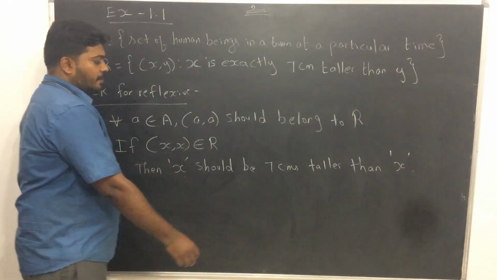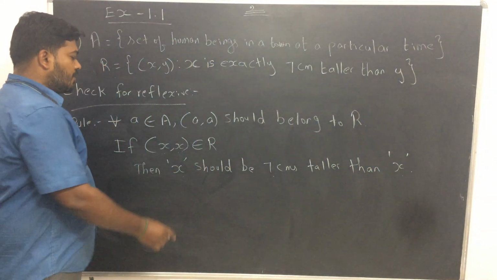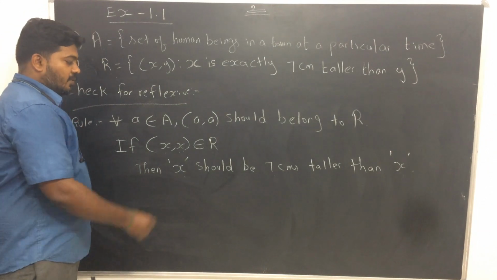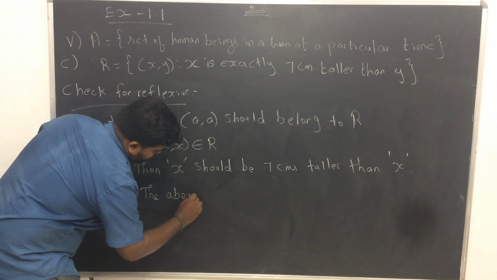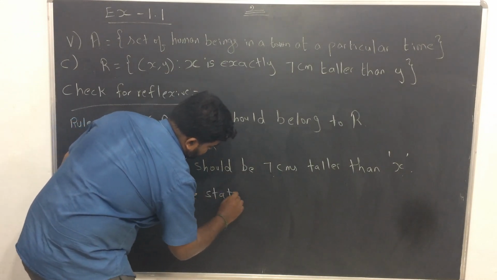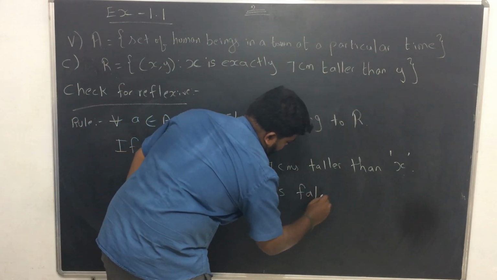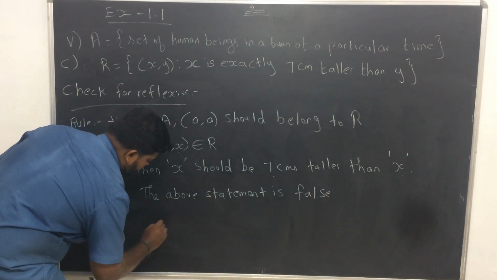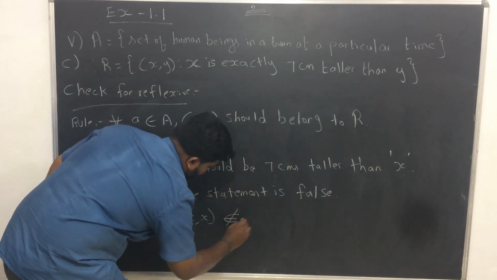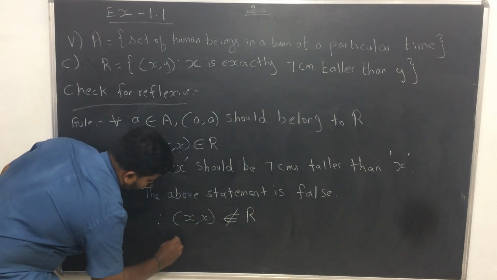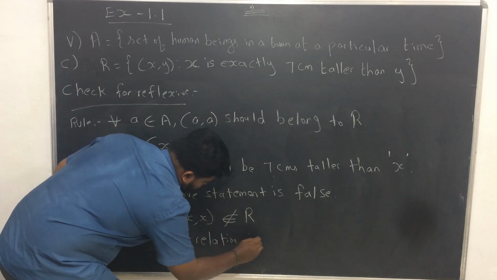Can some person be 7 centimeters taller than the same person? No person can be taller than himself, right? So, the above statement is false, which means therefore x comma x will not belong to the relation. Therefore, the relation is not reflexive.